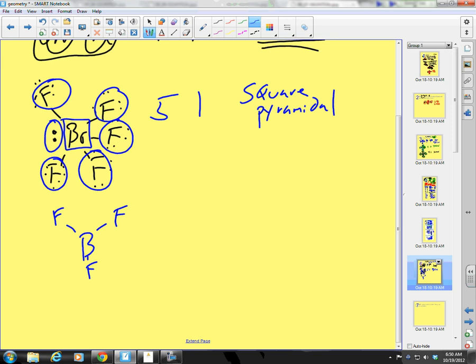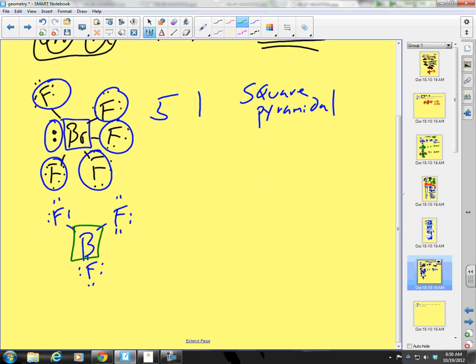Bond that there. Good. Complete my octets. Do I complete my octet on a boron? No. Boron wants how many electrons? 6. Does it have 6? Yes, it does. So now we count: 2, 4, 6, 8, 10, 12, 14, 16, 18, 20, 22, 24. 24 electrons. That's a beautiful picture.